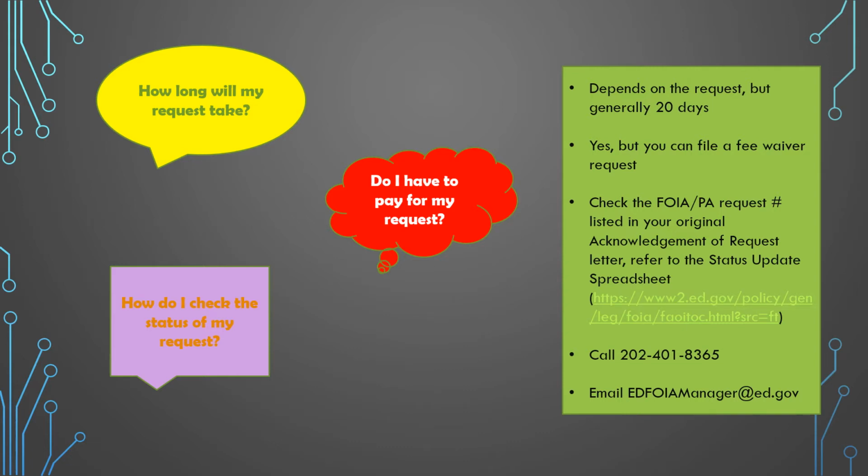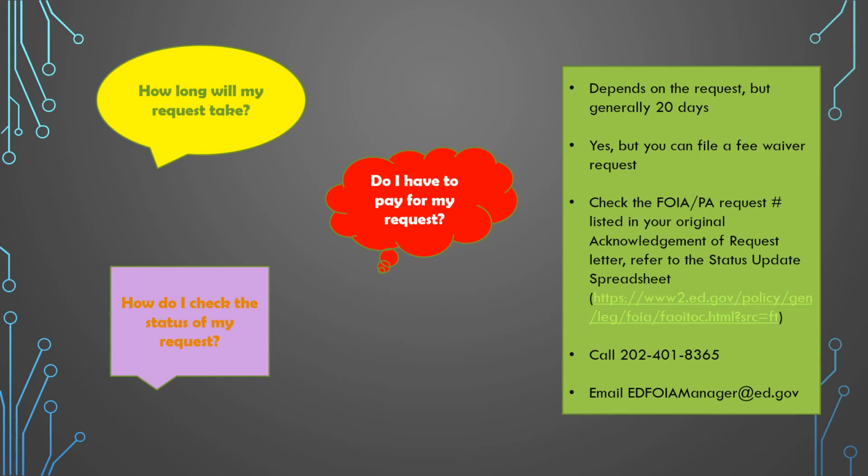And then also, how do I check the status of my request? So when you submit that form that I showed you earlier, whether it's by email, online, by fax, or by mail, you're going to get an acknowledgement when they get it. Your file request, or FOIA request number, will be listed in the acknowledgement of receipt letter.